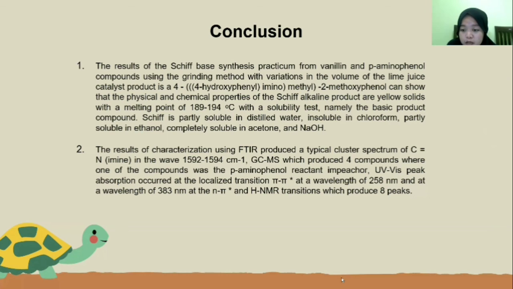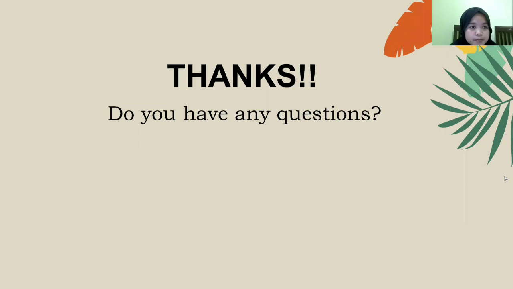UV peak absorption occurred at the localized π to π* transition at a wavelength of 258 nanometers and at a wavelength of 383 nanometers at the n to π* transition, and HNMR shows the product has 8 peaks.